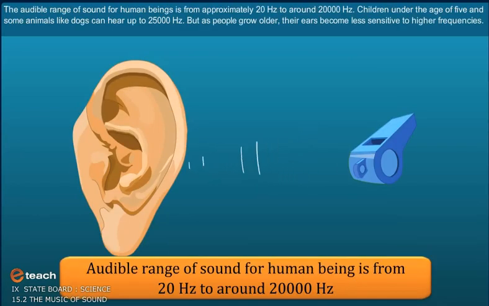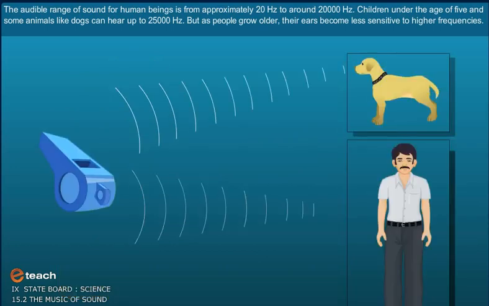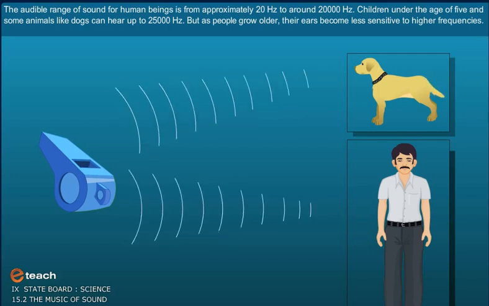The audible range of sound for human beings is from approximately 20 Hz to around 20,000 Hz. Children under the age of 5 and some animals like dogs can hear up to 25,000 Hz. But as people grow older, their ears become less sensitive to higher frequencies.